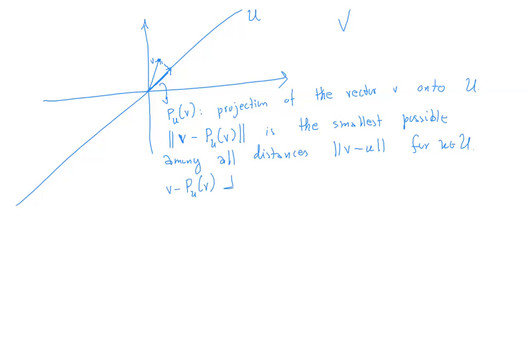is orthogonal to U. So I think the best picture, let me magnify a little the picture that I drew here. So this is the vector V, without an arrow. This is the subspace U. I'm sorry, let me catch this question. There is a question. This is a subspace.